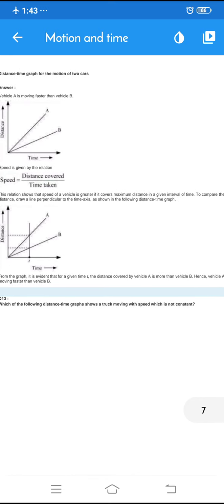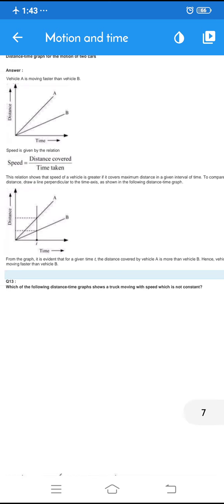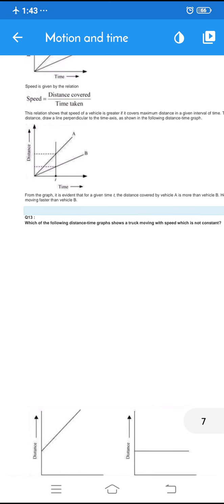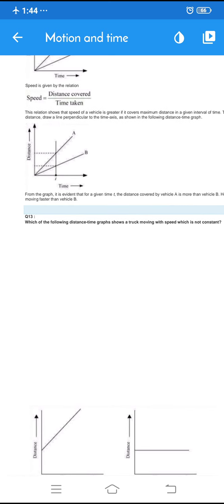To compare the distance, you have to draw a line perpendicular to the time axis, as shown in the distance-time graph. From the graph it is evident that for a given time t1, the distance traveled by vehicle A is more than the distance traveled by vehicle B. Hence, A is moving faster than vehicle B.